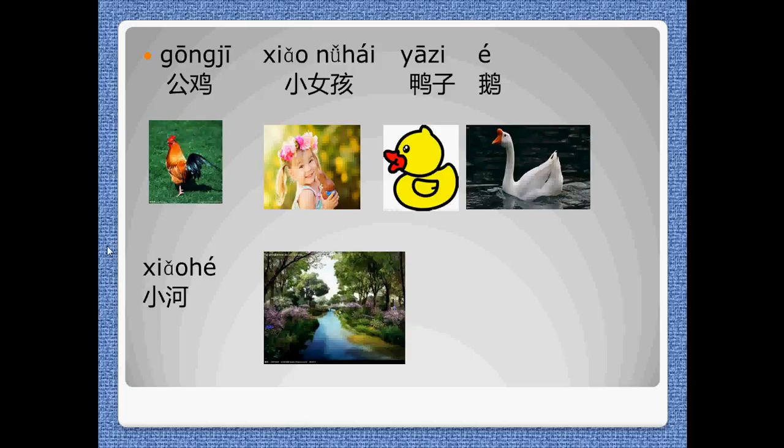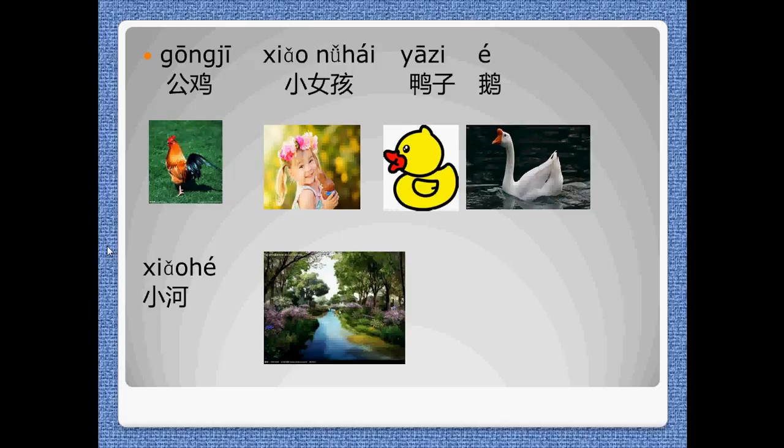So it is called 小河, 小河. So let's repeat. 公鸡, 小女孩, 鸭子, 鹅, 小河.